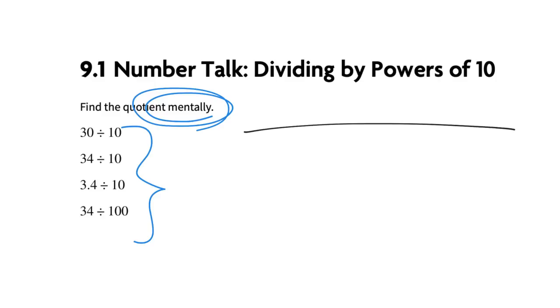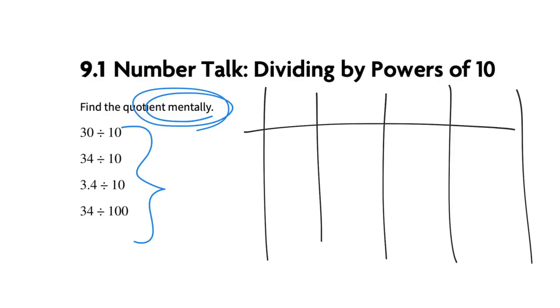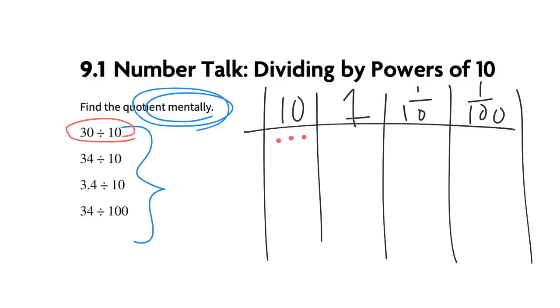For example, here we go. Here's my tens, my ones, my tenths, and my hundredths. Let's start there. So if I want to model, what does 30 divided by 10 mean? Well, 30 divided by 10 means I would have 3 tens. 3 tens, 1, 2, 3.